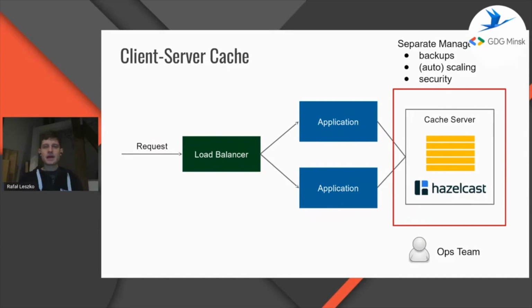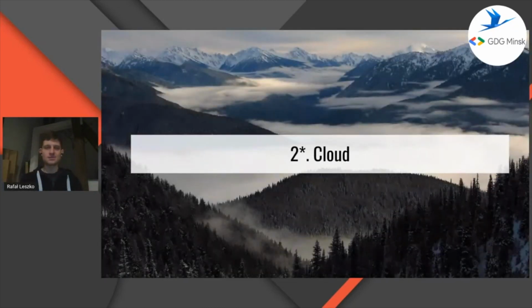So coming back to this diagram, as I told you, in big enterprises this management part is provided by a separate team. We can even move one step further and put this server part into the cloud.